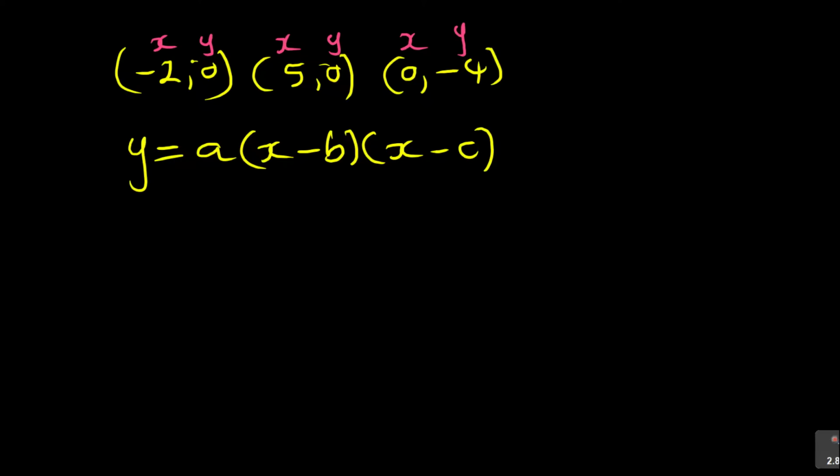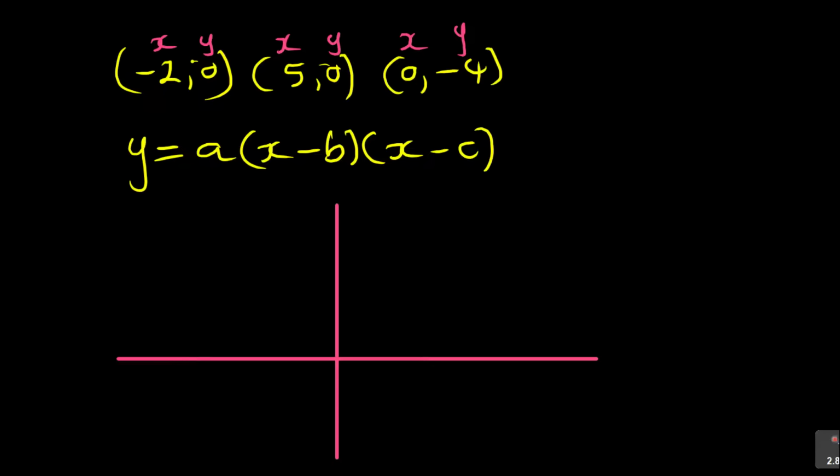It's like they're giving you something like this. You've got a parabola like this, and they're telling you that one point is negative 2, the other point is 5, the other point is minus 4. Are you getting that?